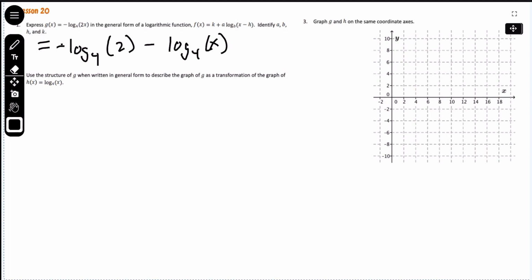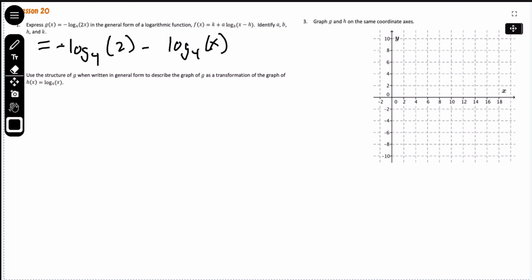Maybe you could leave it as a plus log 4x, and then when you do log base 4 of 2, change this back to a negative. It's just however you feel more comfortable. I would just go ahead and write it like that so I wouldn't forget it the rest of the way.